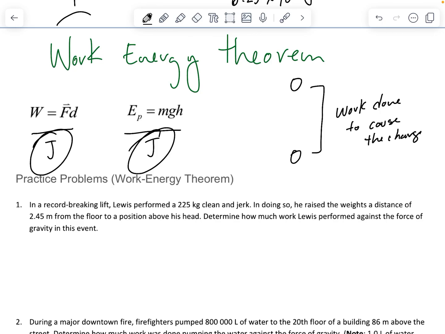Now, there are formulas that can relate to this, but if you can understand that idea and you set up your question correctly, you can understand that work and potential energy are both in joules. If there's a change in potential energy, that's caused by work done on something, right? So if I'm lifting something, I've done work to increase that potential energy.